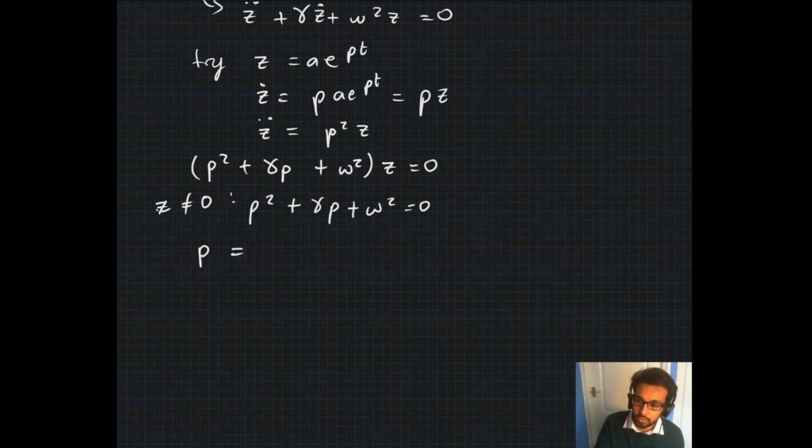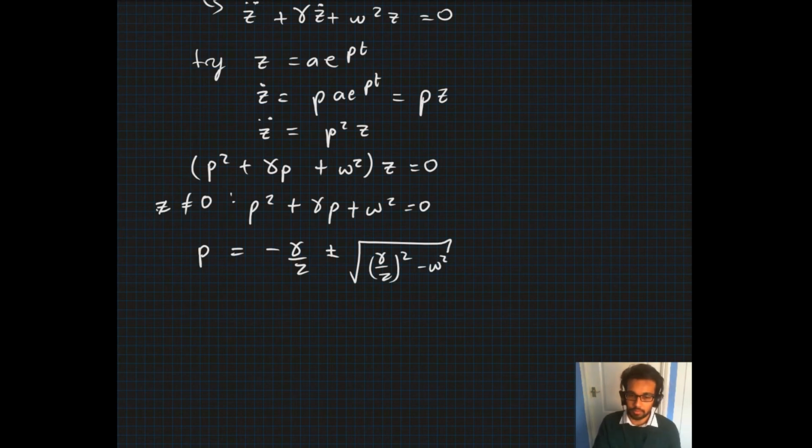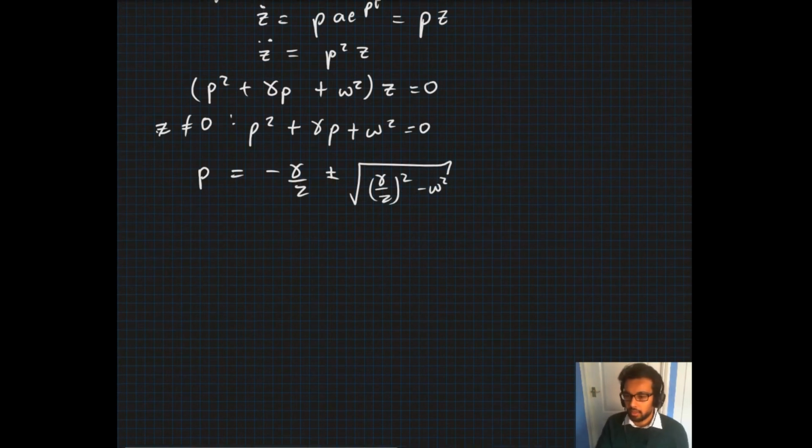So p equals minus gamma over 2 plus or minus the square root of (gamma over 2) all squared minus omega squared.